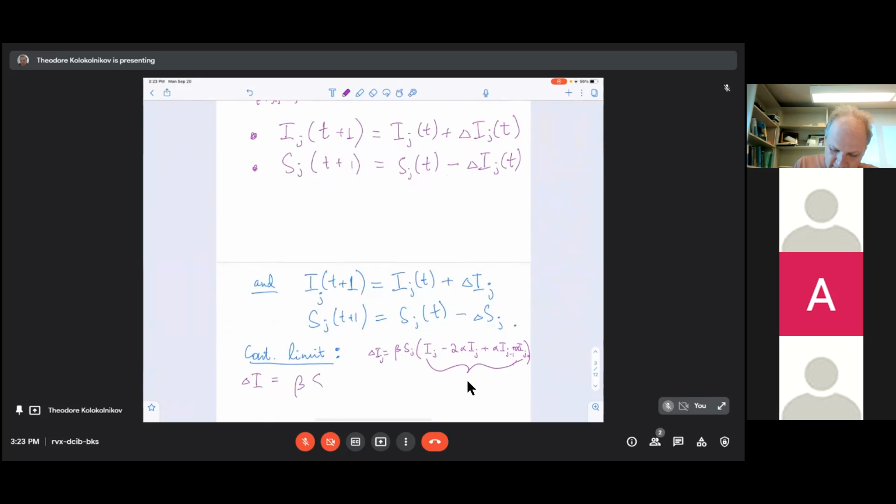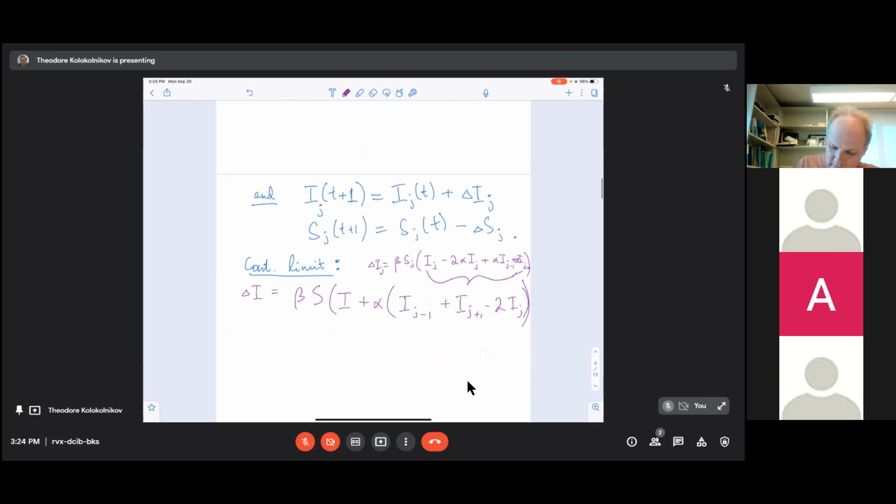So β S, and here I have I_j abbreviated to I, plus alpha times I_{j-1} plus I_{j+1} minus 2 I_j. And this is nothing but the discretization of the second derivative operator.